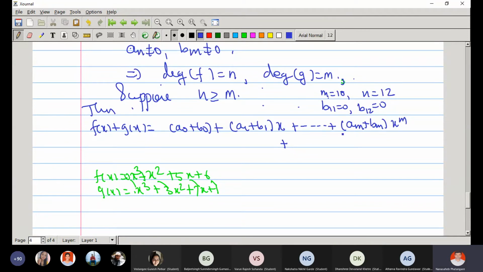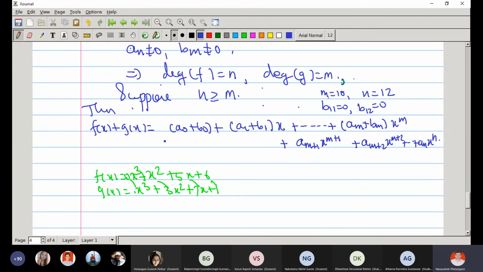Right, and therefore after m, which coefficient will be considered? a(m+1) x raised to m plus 1, next a(m+2) x raised to m plus 2, and up to an x raised to n, because we are assuming n is greater. If m is greater than n, then it is the other way, right? You can understand how we do this.